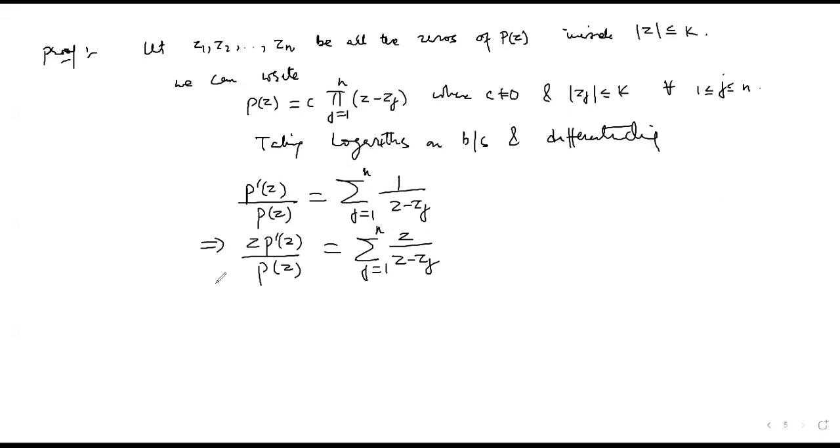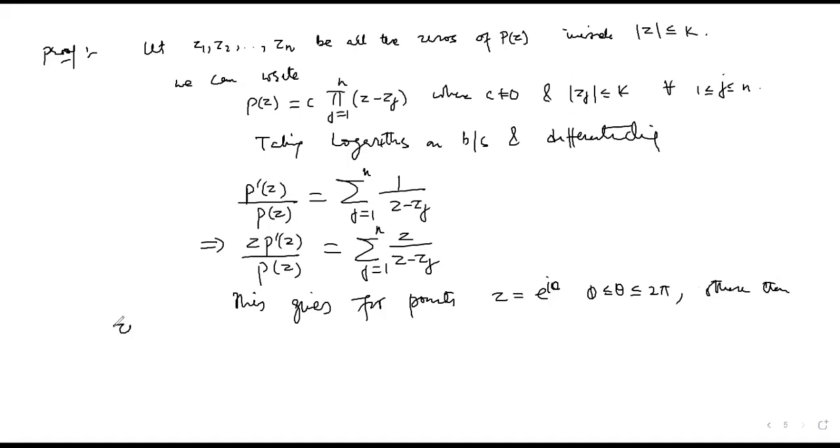Okay, this gives for points on the unit circle z equal to e raised to iota theta, where theta lies between 0 and 2 pi, other than the zeros of p, क्योंकि हम division में हैं.